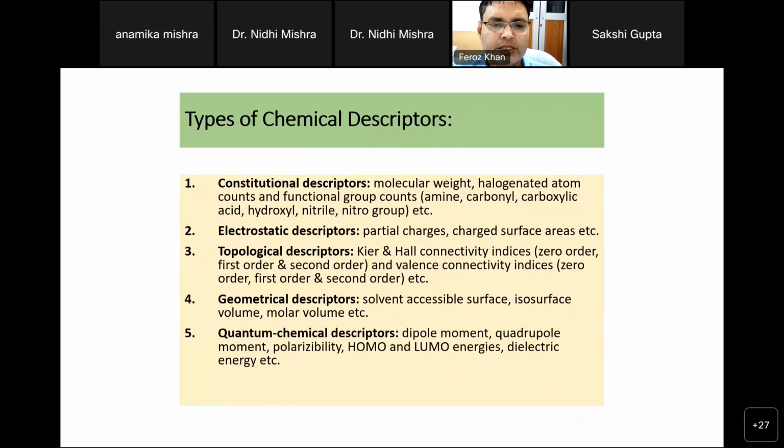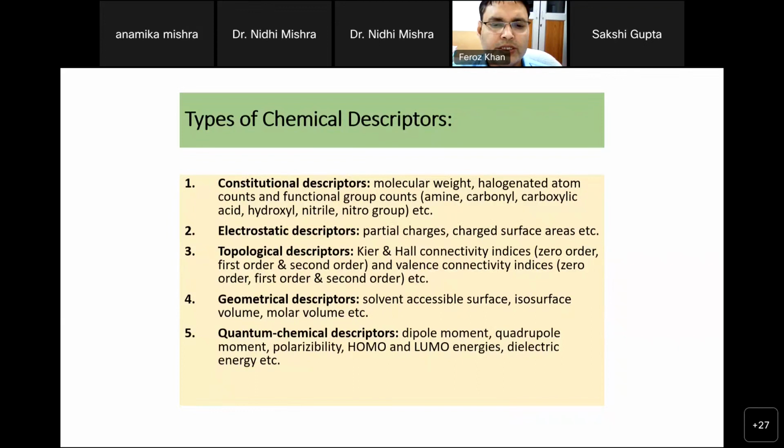If you see the types of chemical descriptors or chemical properties, there are chemical properties which come under electrostatic descriptors, also the properties related to topological descriptors and geometrical descriptors.